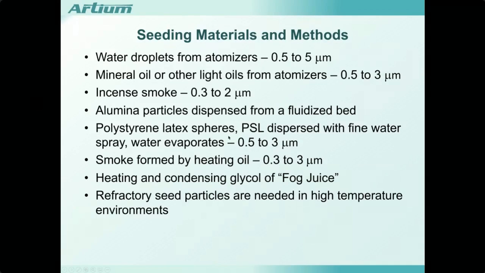We use polystyrene latex spheres at NASA. The PSL are dispersed in water and sent out as a fine spray, again, using a simple atomizer. The water evaporates and leaves the 0.5 to 3 micron particles. And it turns out polystyrene latex spheres, you can easily get them.